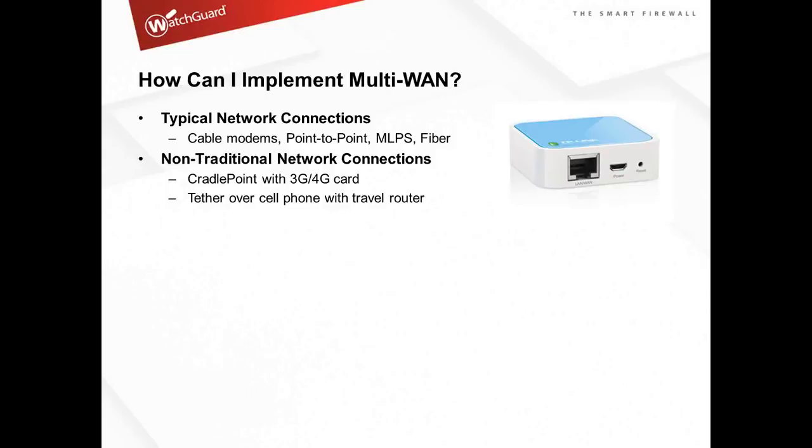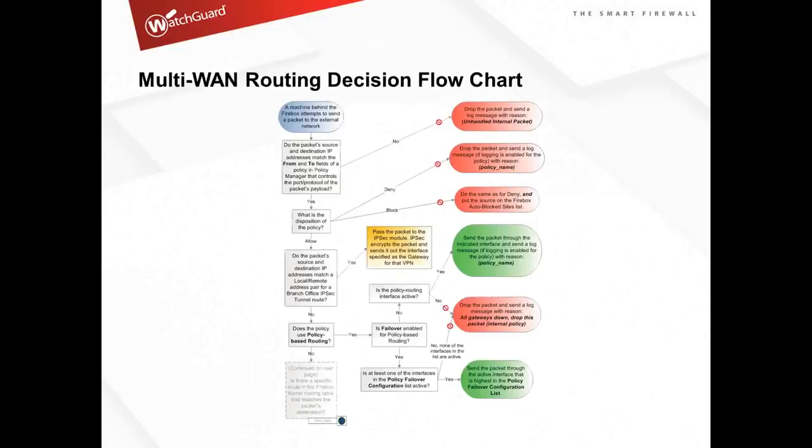Or maybe we look at using a CradlePoint with a 3G or 4G data card as well that simply gives you that Ethernet connection. So there's a number of ways that you could leverage this. Most of you probably have smartphones, and ultimately if your network goes down, you can tether over your smartphone. I can't guarantee that the bill will be that cheap, but that's definitely an option for you.